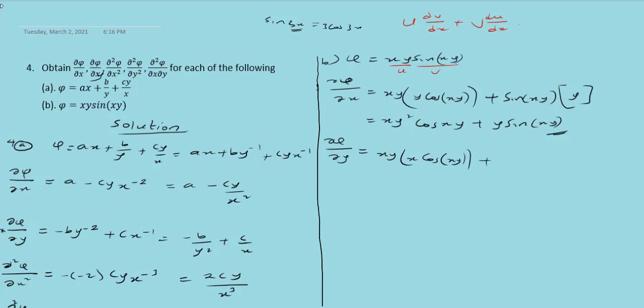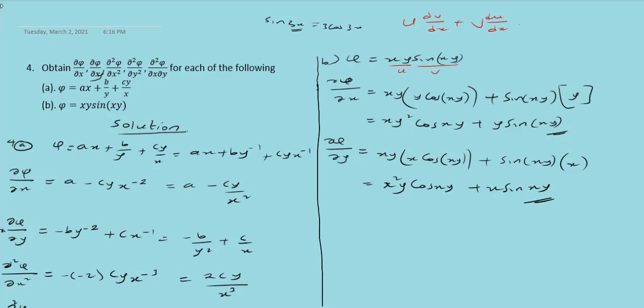Plus now v. I have sine xy. Differentiate with respect to y. You will be left with x. So that I have x square y cos xy plus x sine xy. That is the answer to the second question.